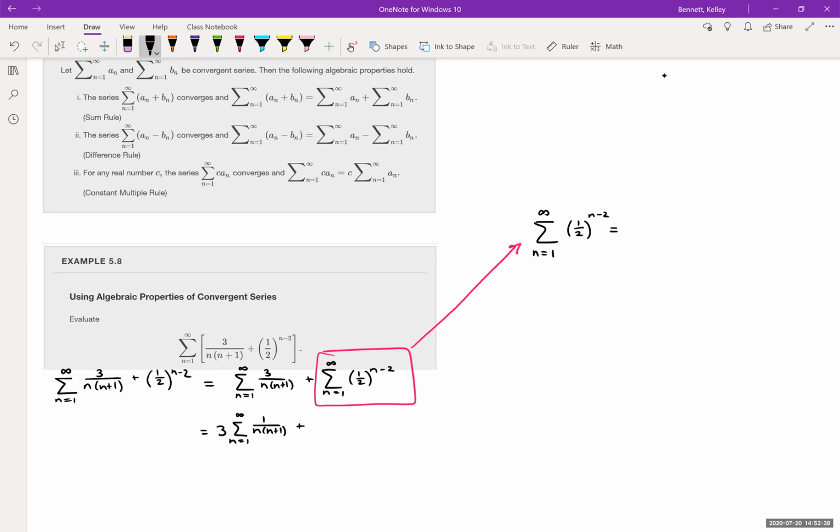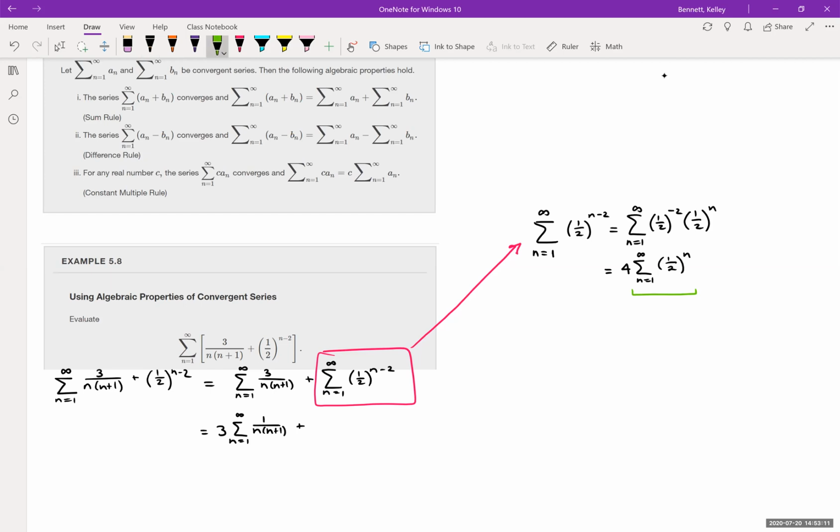So this actually equals the sum from n equals 1 to infinity of 1/2 to the -2 times 1/2 to the n. Right, so that's n minus 2. So if I pull out that 1/2 to the -2, that just becomes 4. And then the next thing I want to do is just look at this guy over here.